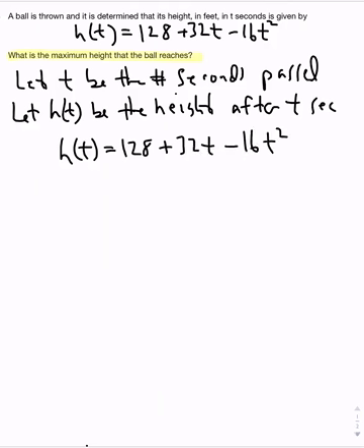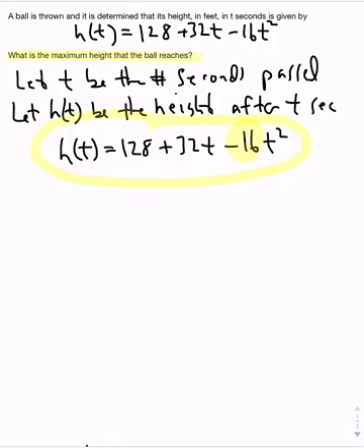All right. So to solve, remember the question is, what is the maximum height that the ball reaches? So to solve, let's think about that. Our function is a quadratic function, so the graph is a parabola. The leading coefficient is negative, so it's a parabola that opens downward.